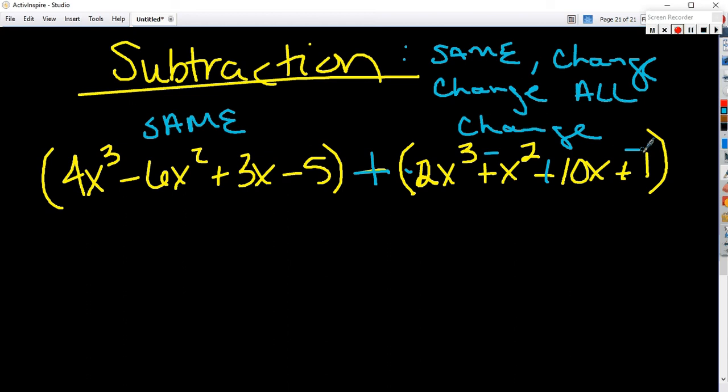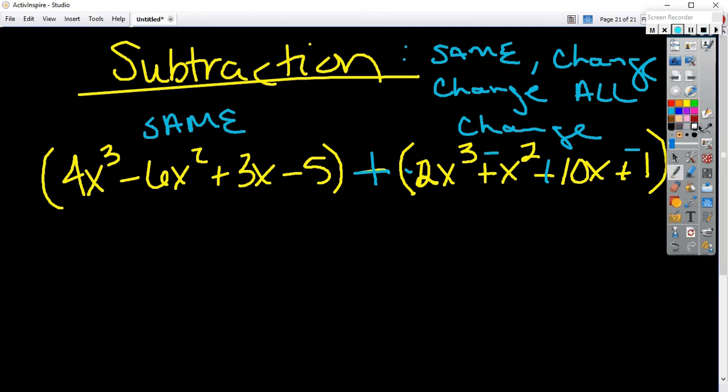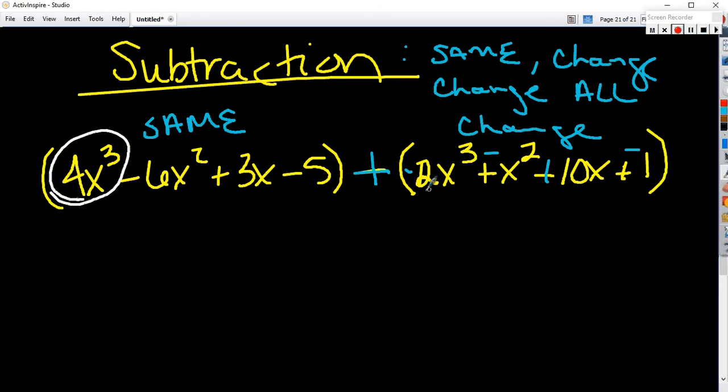Now it's an addition problem, and when I'm adding, I'm just combining like terms. So let's get them together. 4x cubed and negative 2x cubed would be 2x cubed. I'm done with those. Hardest part about this is watching those signs.